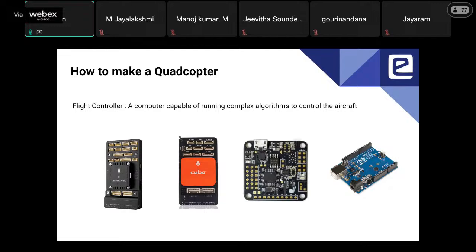I showed you a smaller drone previously, and these types of controllers are used in that smaller drone and cost less. These are ready-made flight controllers. But if you want to design your own flight controller, you can use an Arduino Uno. So the choice is yours, which flight controller to use, or whether you want to make your own.